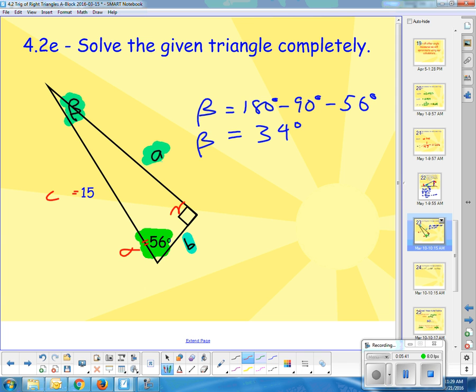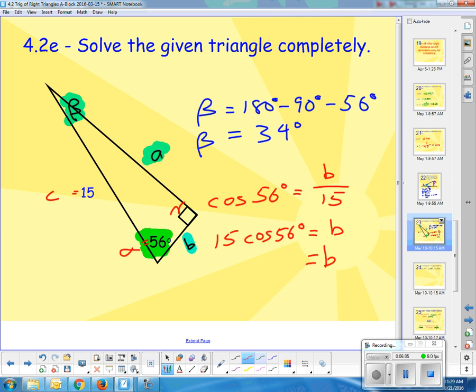That makes me think of the cosine function. Cosine of 56 degrees is defined as the length of the adjacent side over the length of the hypotenuse. So I've created my trigonometric equation. Multiply both sides by 15 to get my B. And it's just a calculator exercise. We don't know anything about 56 degrees.